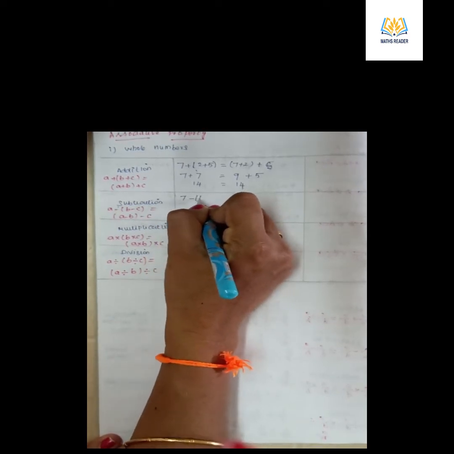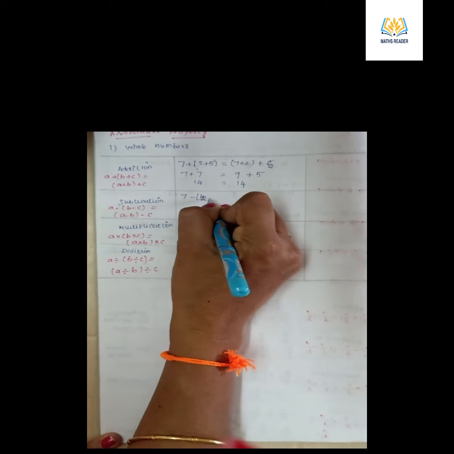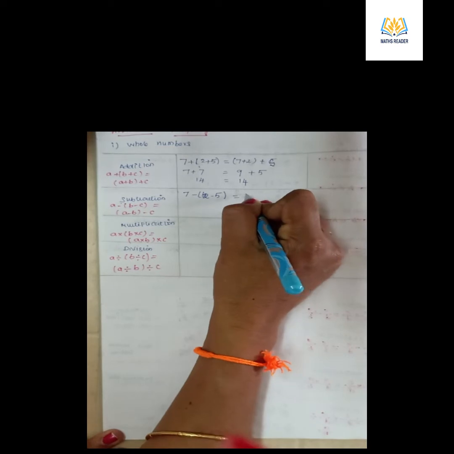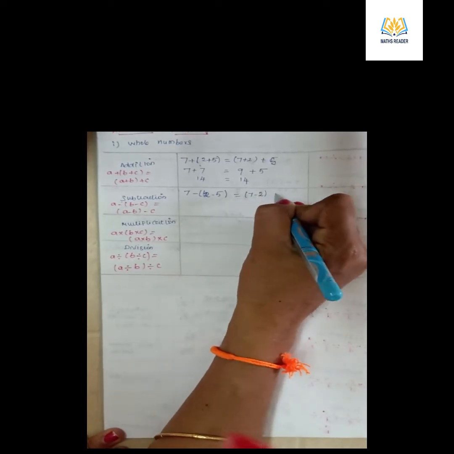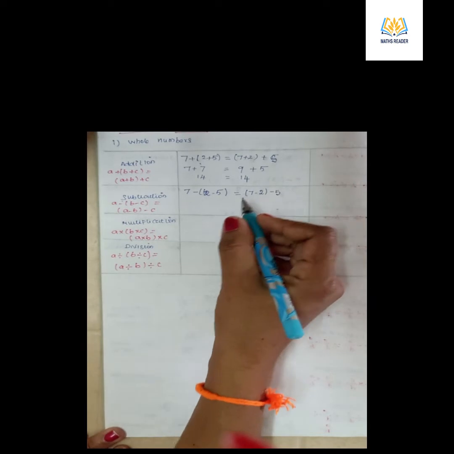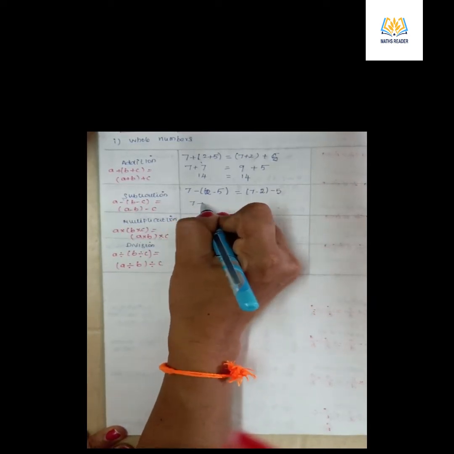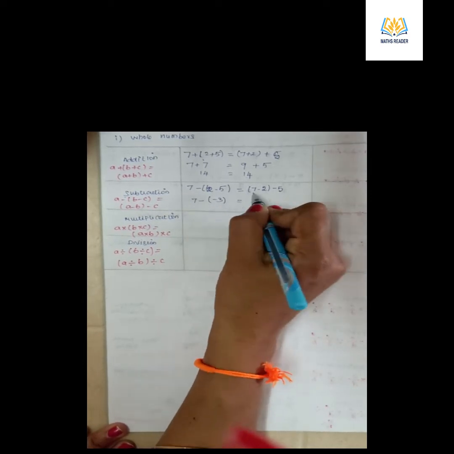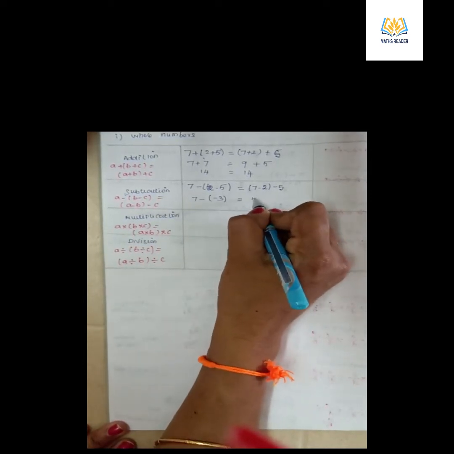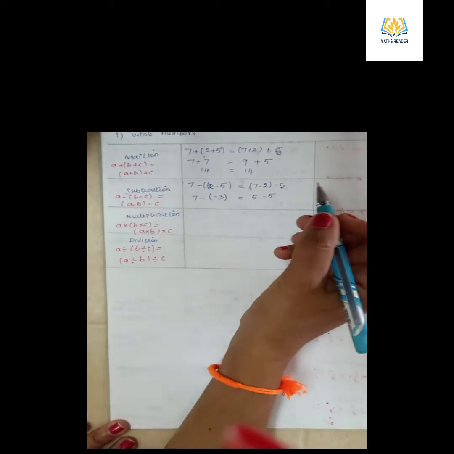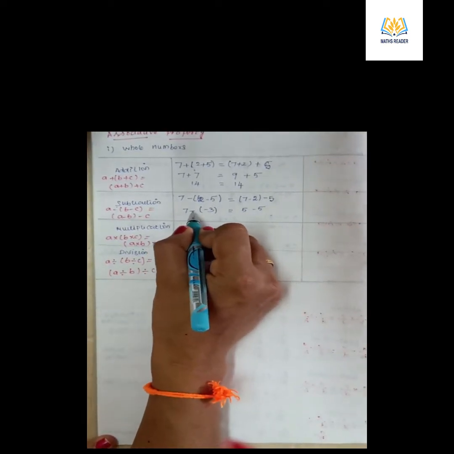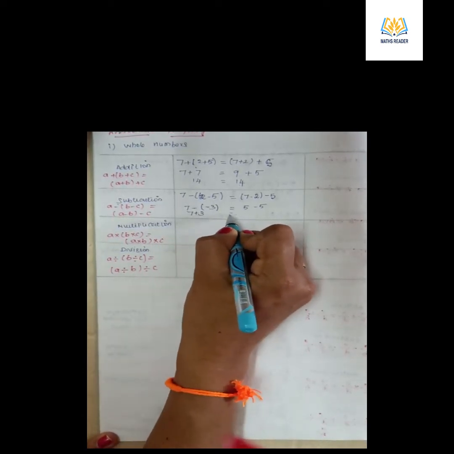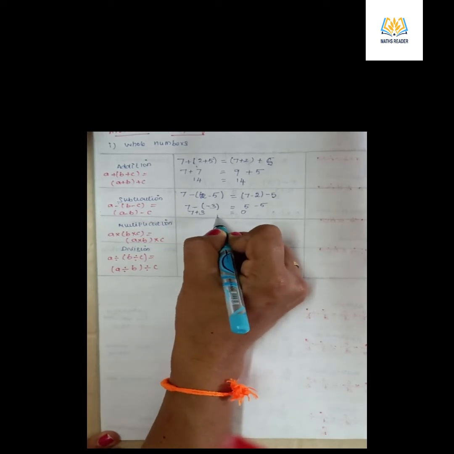a minus b minus c, equal to 7 minus 2 minus 5. Here 2 minus 5 is minus 3, and 7 minus minus 3, minus into minus is plus, so 7 plus 3 is 10.